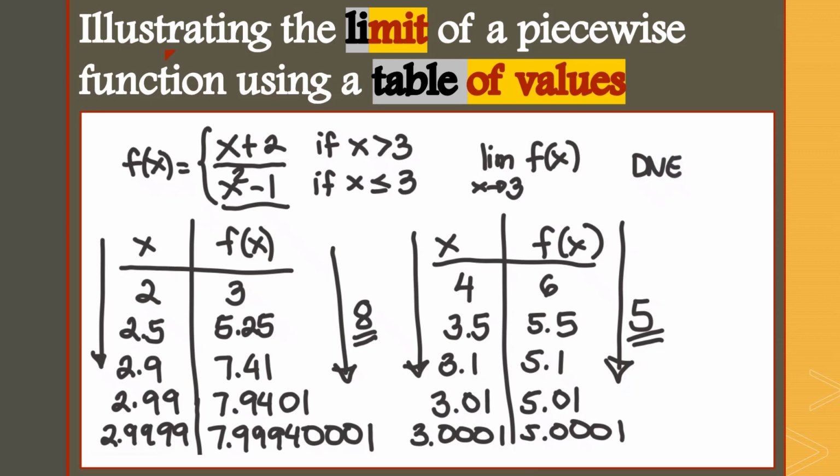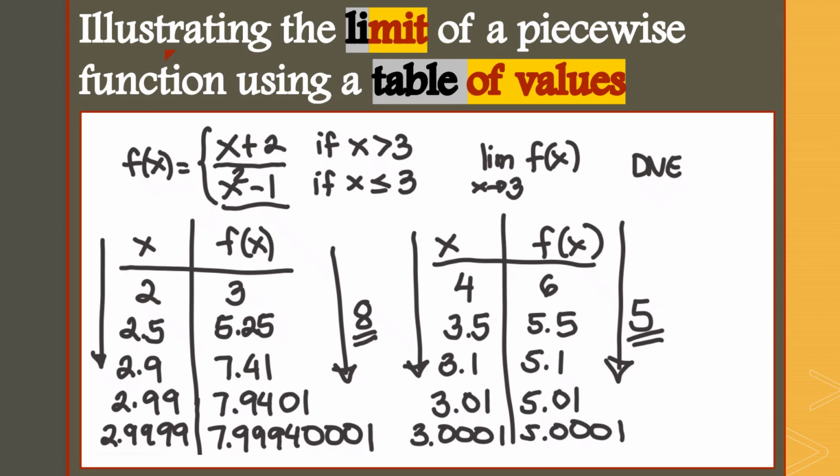By the way, we need to emphasize this. We cannot say equal to DNE, because DNE is not a value. Does not exist means there's no exact value in terms of the real numbers. The limit does not exist, simply denoted as D-N-E, because the limit will only exist if the limit from the left is equal to the limit from the right.